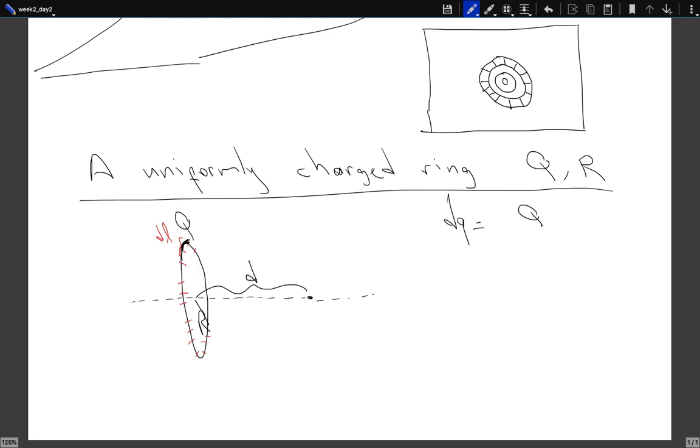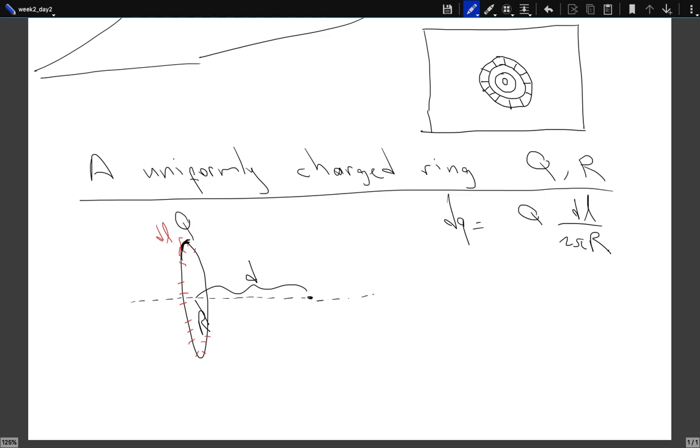Well, the total charge is Q. It's uniformly distributed. So the charge of any segment will be proportional to the length of that segment, or the fraction of that segment to the total circumference. So this is the fraction of the length of the segment to the circumference.